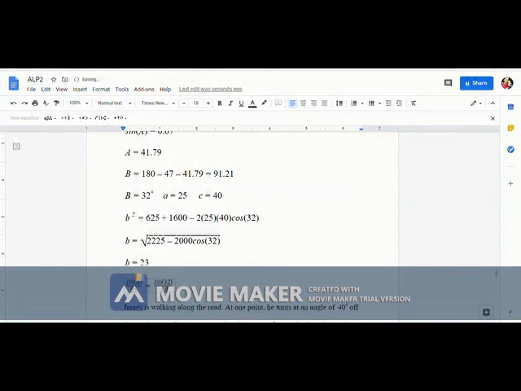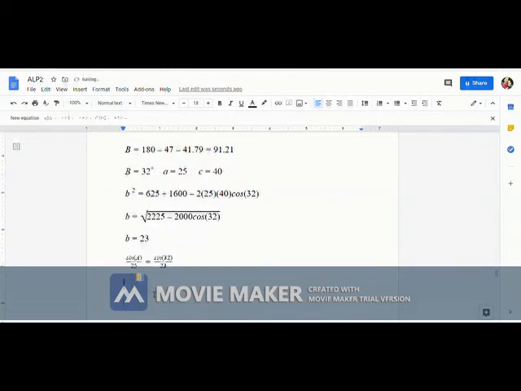So sine A over A equals sine B over B. Multiply both sides by 25, and we'll get sine A isolated, equals 25 sine 32 over 23.